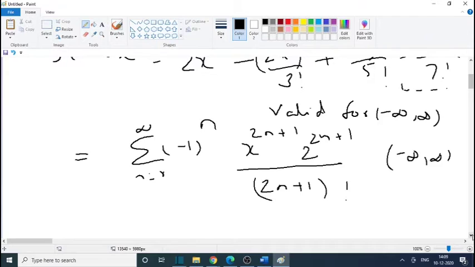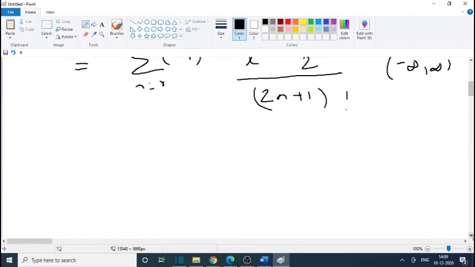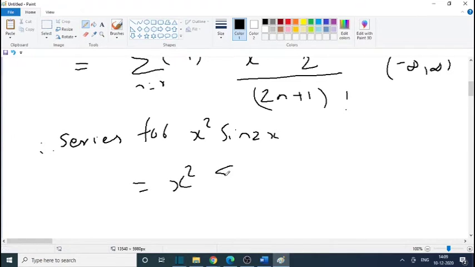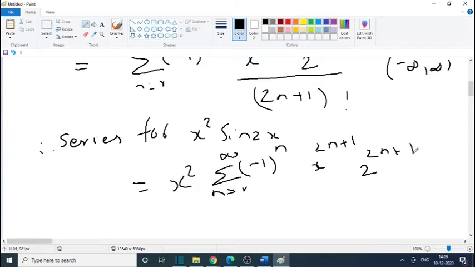Now we have to find the series for x squared sin 2x. We could multiply this term into sigma n equal to 0 to infinity, minus 1 raised to n, x raised to 2n plus 1, 2 raised to 2n plus 1 by (2n plus 1) factorial.